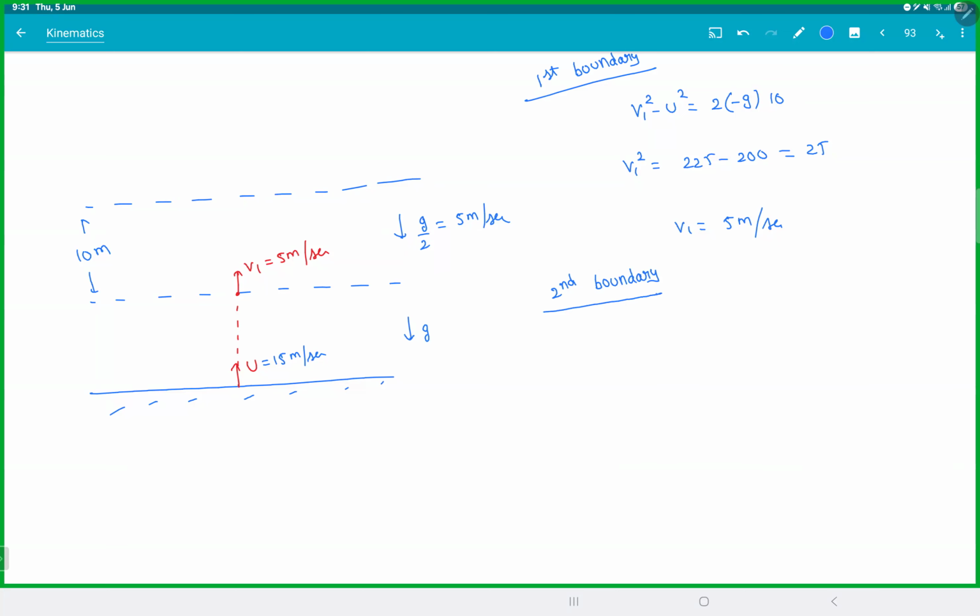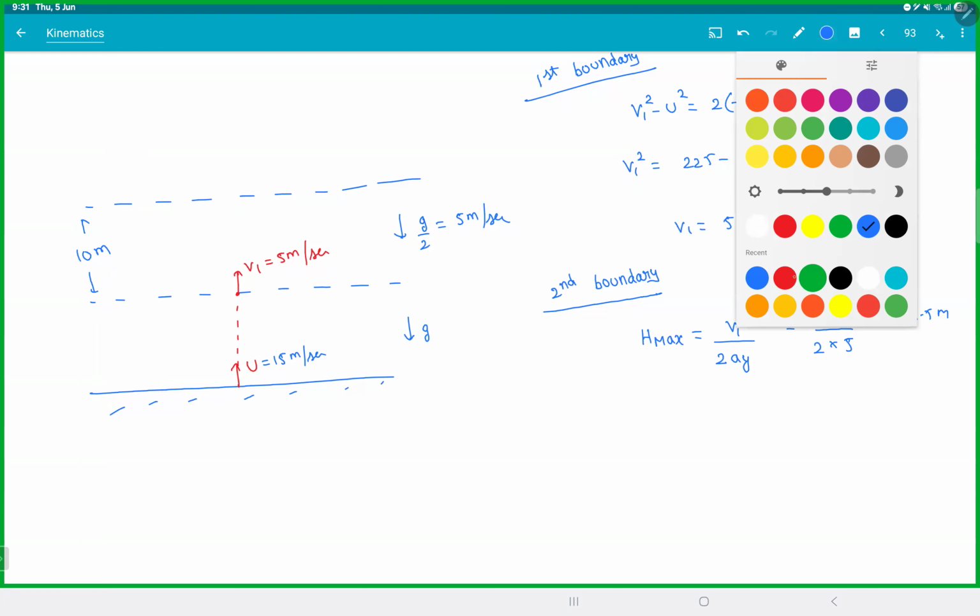For the second boundary, let's check what is h max. H max will be v1 square by 2 gravity, which is 25 by 2 into 5, when the gravity has become 5. How much is this? 2.5 meters.